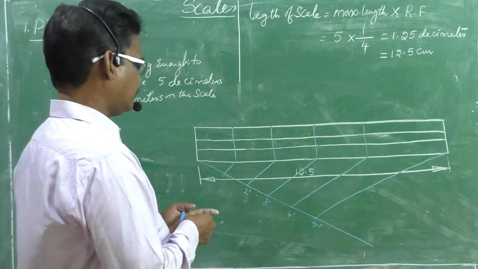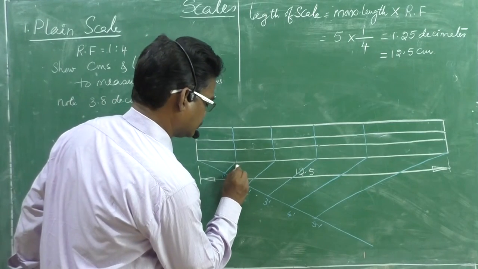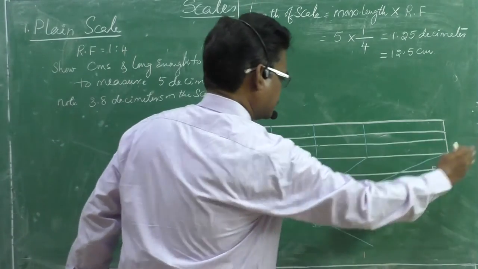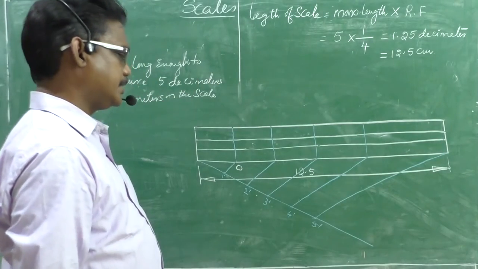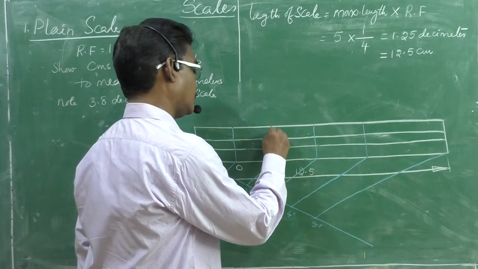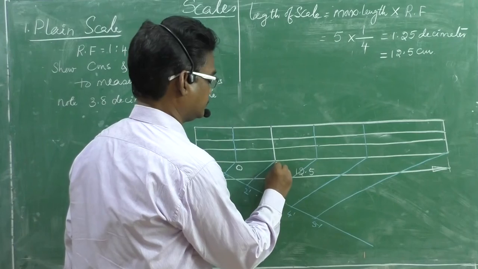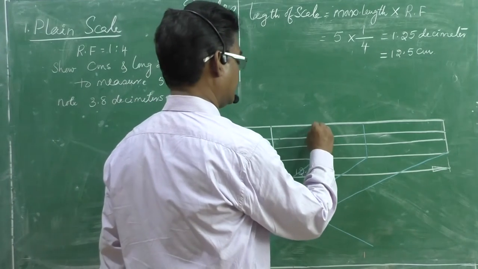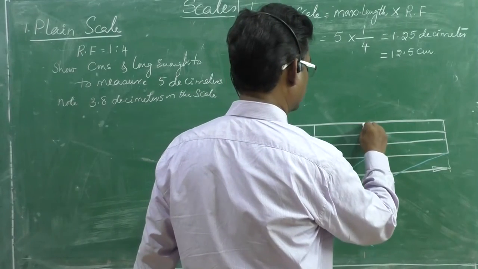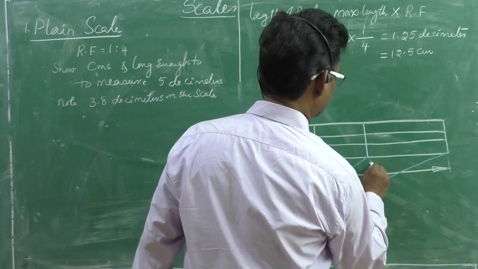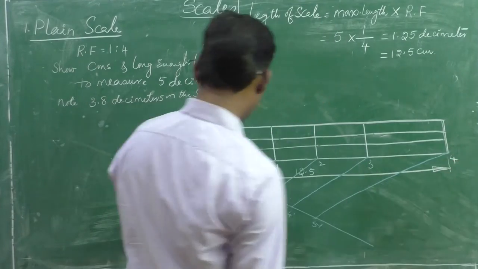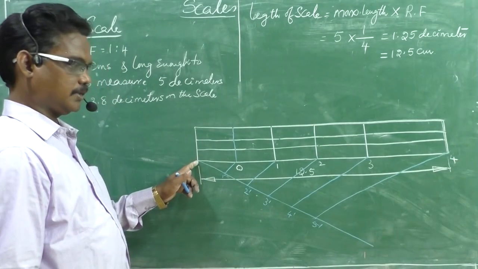Therefore, here put 0. And the right side portion we want to show decimeters. Therefore, this is the first division, 1 decimeter, up to this 2 decimeters, up to this 3 decimeters, up to this 4 decimeters, and this fifth division.